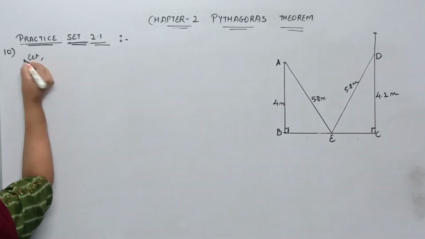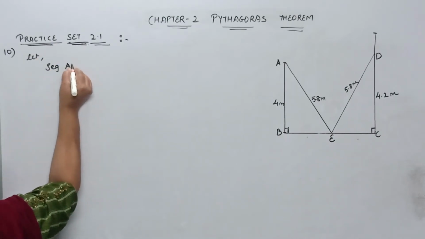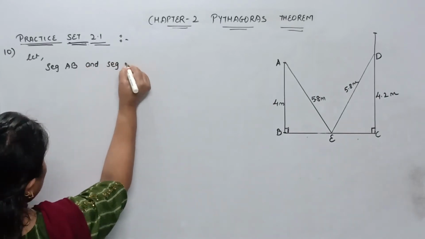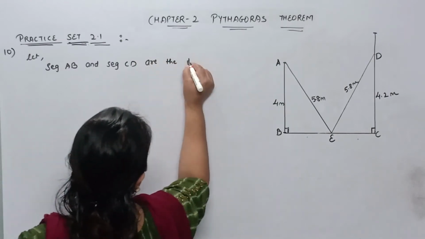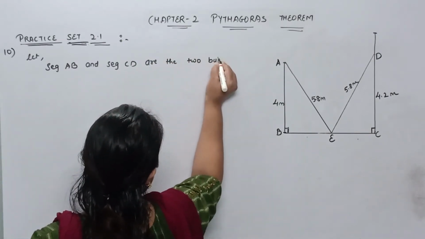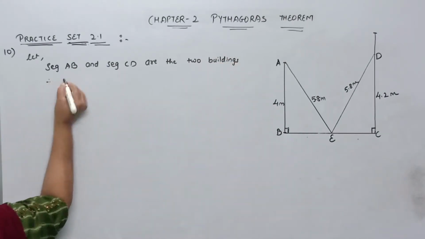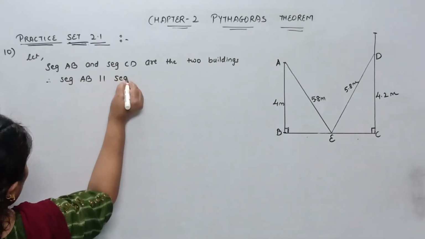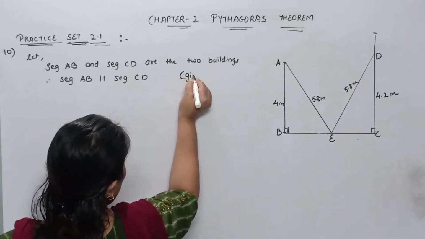Let sec AB and sec CD be the two buildings. Therefore, sec AB parallel sec CD. Okay, this is given.